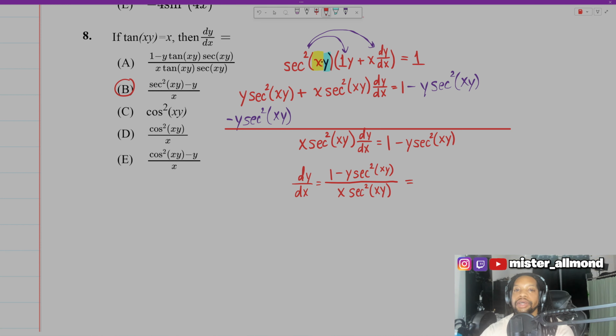Secant squared is 1 over cosine squared, and if I multiply it by a cosine, then that'll just be 1 over cosine, which is secant. Okay, let me try it. Instead of distributing, just multiplying everything by cosine.